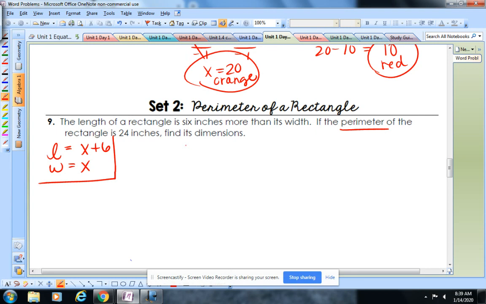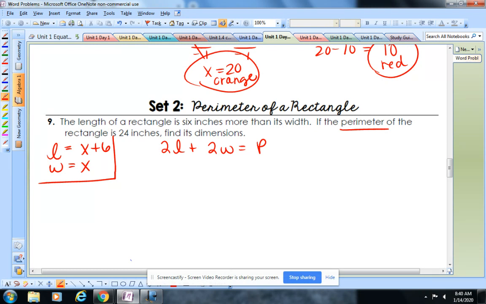What's the formula for perimeter of a rectangle? P equals what? Yes, simplify that. What do you get? 2L plus 2W equals the perimeter, right? You should have seen that before. You got two lengths, you got two widths, you got them all together, right? Combine like terms, 2 lengths plus 2 widths equals a perimeter.